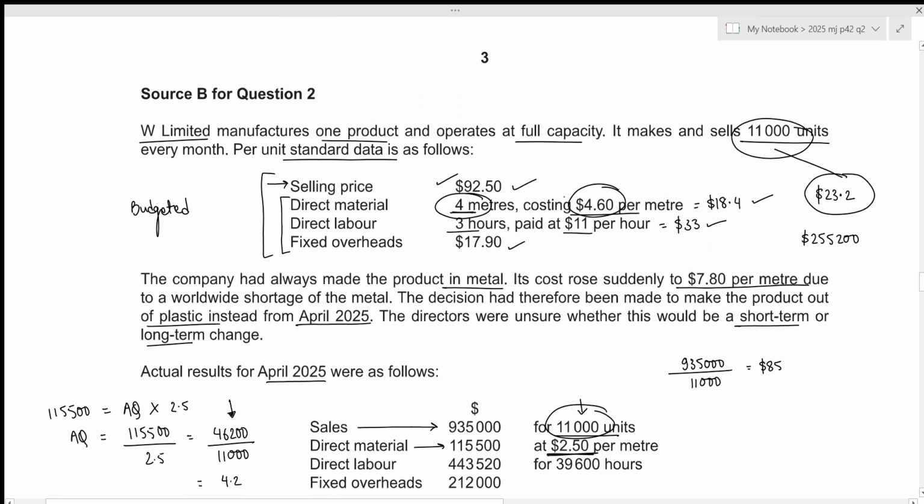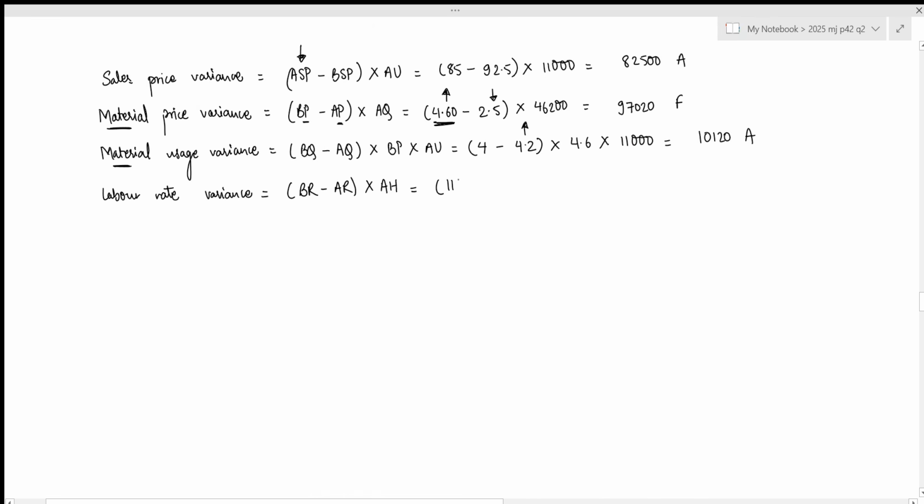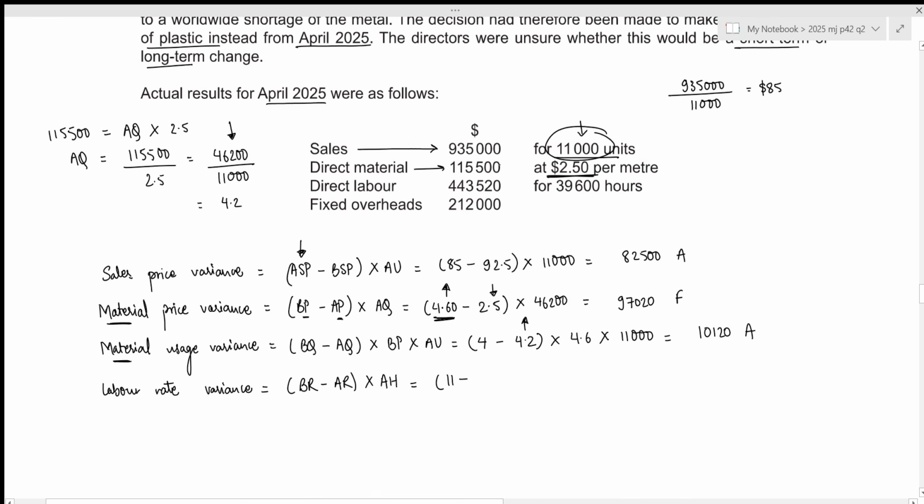Okay. So the budgeted rate per hour was given to be 11. Now for the actual rate. Okay, in this case, we have the actual hours instead. So times 39,600. So we will repeat the same process. In this case, we had to calculate the actual quantity because the price per meter was given. But for hours, we'll just do the opposite.